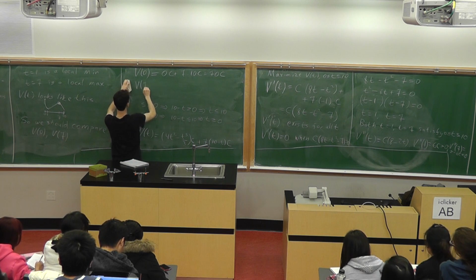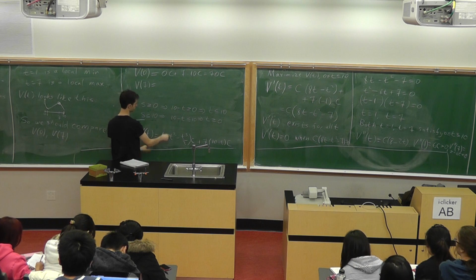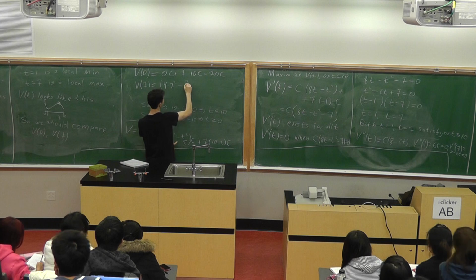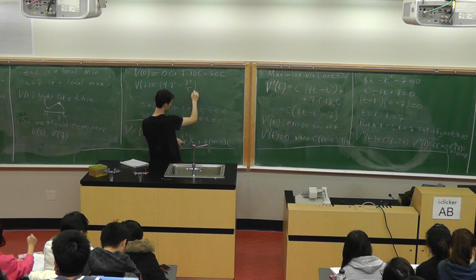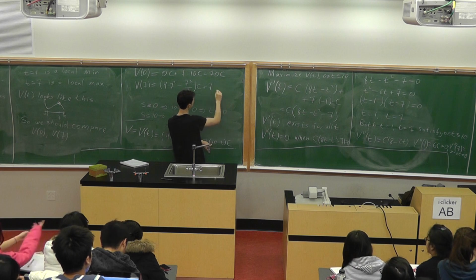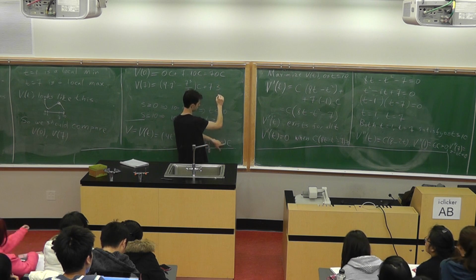And v of 7 is 4 times 7 squared minus 7 plus 3 times c plus 7 times 10 minus t. So it's 3 times c.